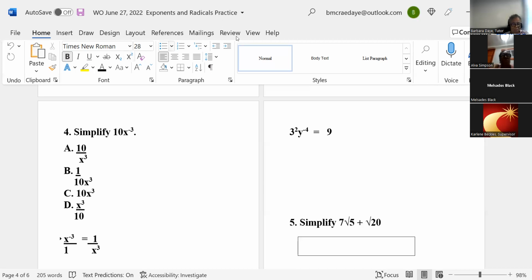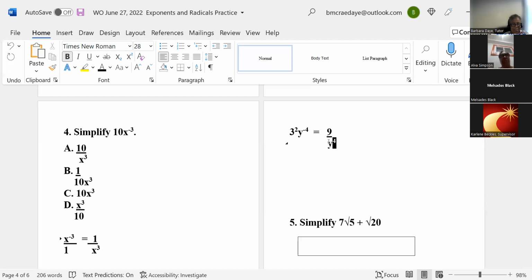And what do I put in my denominator? 1. What goes in the denominator? Y. Very good. What power? The 4th power. That's it. Very good, Mercedes. You got it. Just put the little y here.